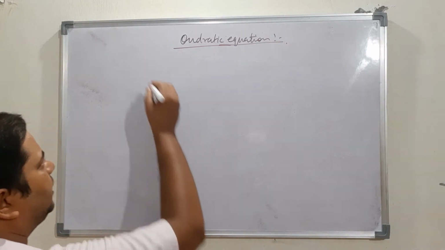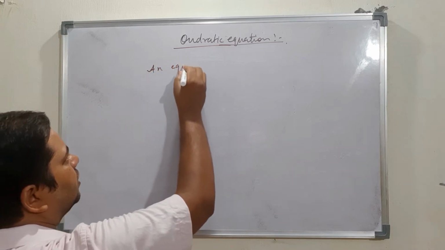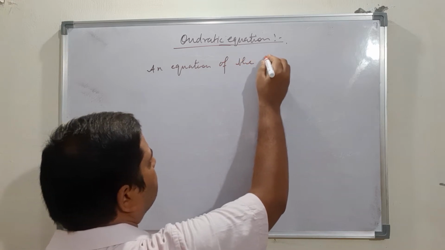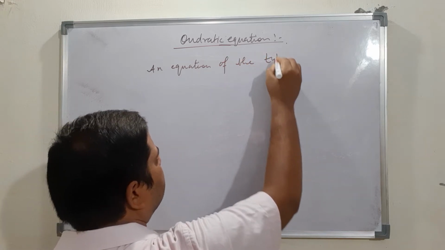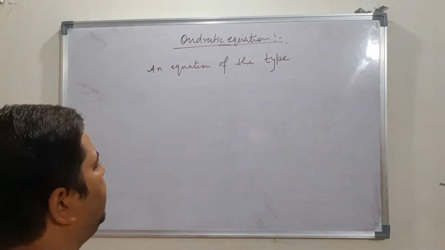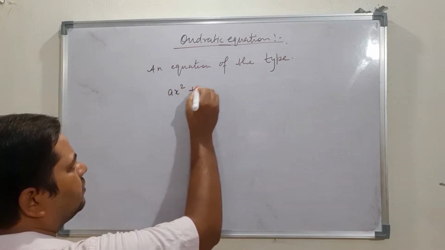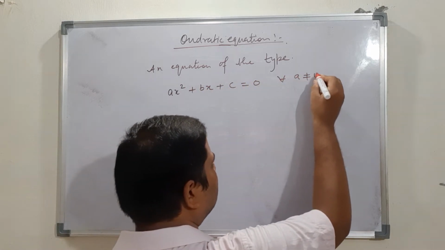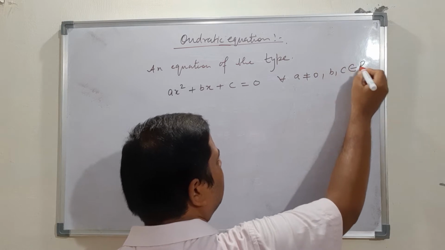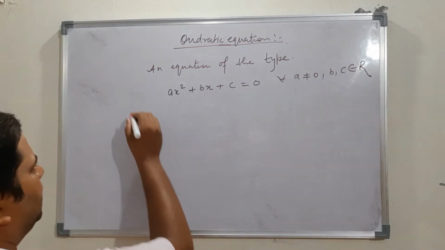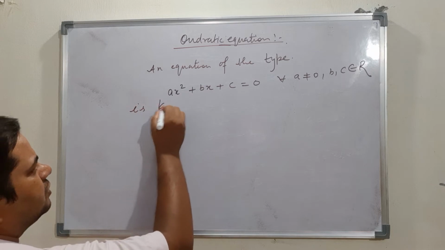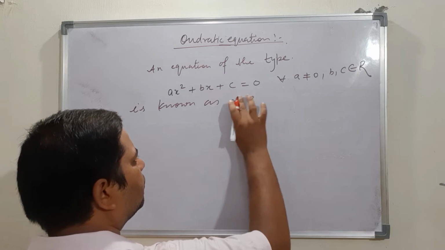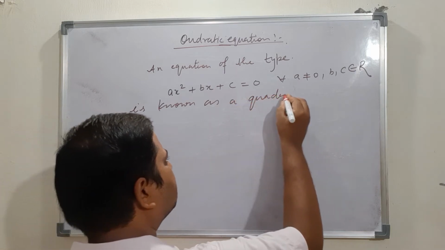An equation of the type ax square plus bx plus c is equal to 0, where a does not equal to 0 and b, c belong to real numbers, is known as a quadratic equation.